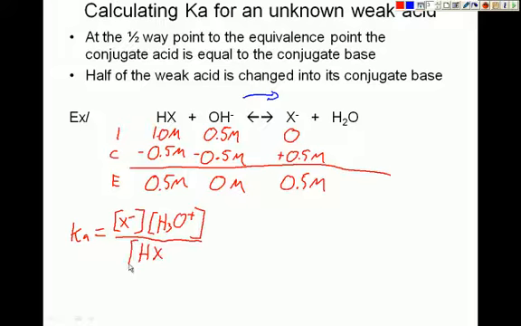Now you might be wondering, where did I get this H3O plus from? So remember, Ka doesn't involve the OH here. So this is the acid and this is the base. This is the weak acid right here, and this is the strong base right here.